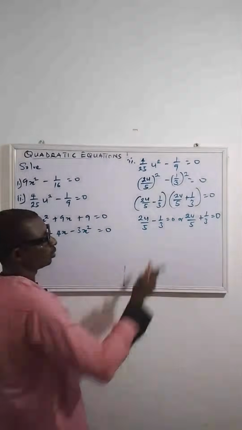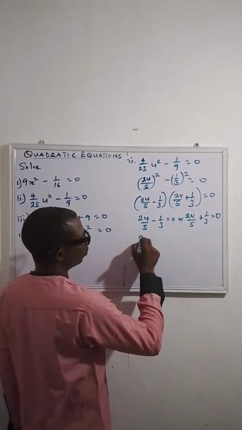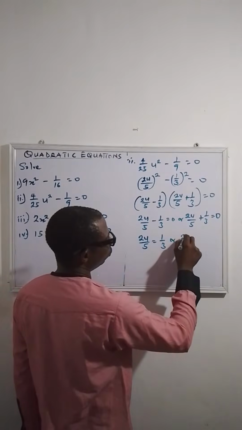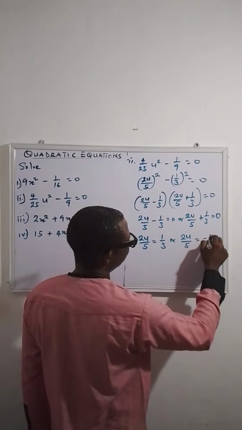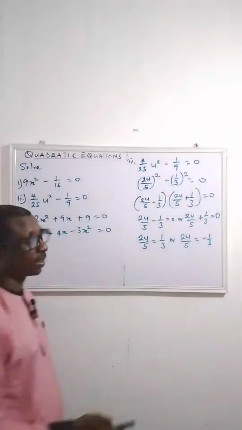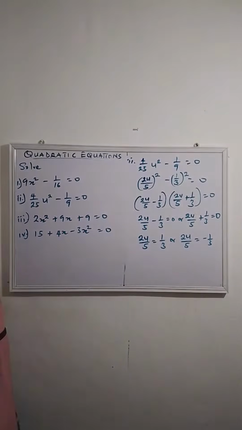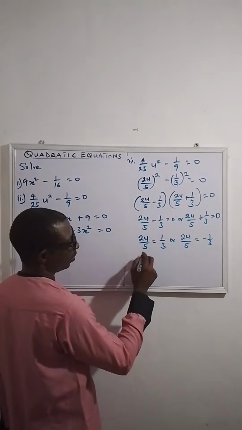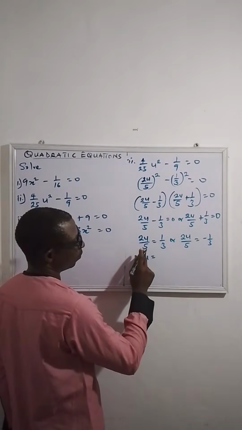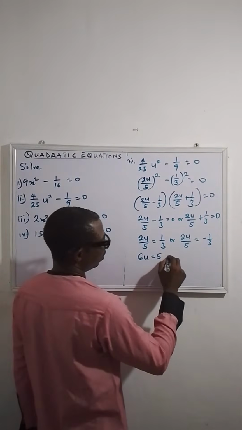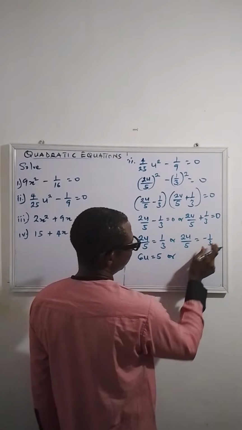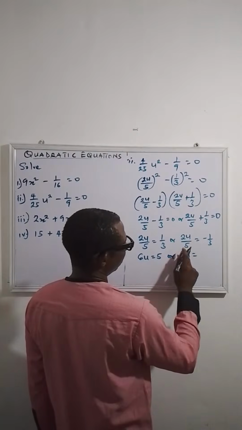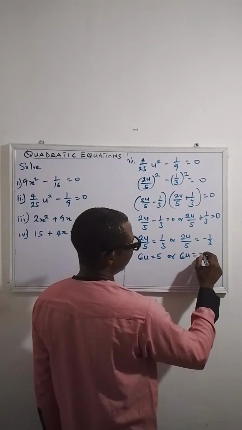Now you add 1 over 3 to both sides. We have 2u over 5 equals 1 over 3, or 2u over 5 equals negative 1 over 3. So here you can cross multiply. 2u times 3, you have 6u equals 5 times 1, which is 5, or 6u equals 5 times negative 1, that's negative 5.